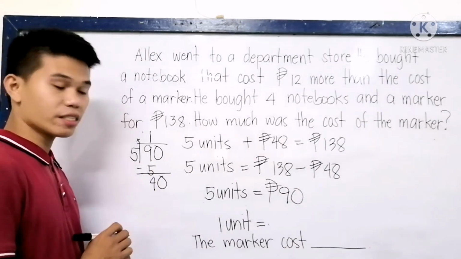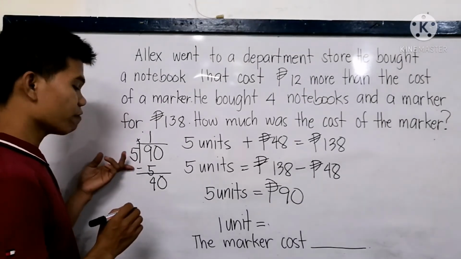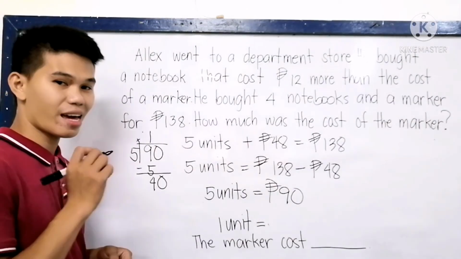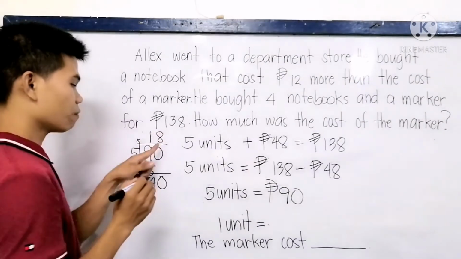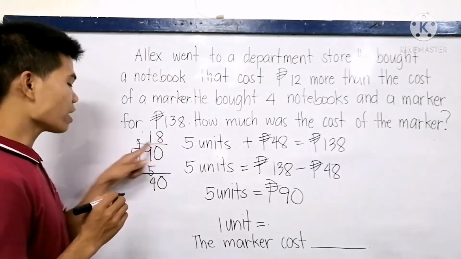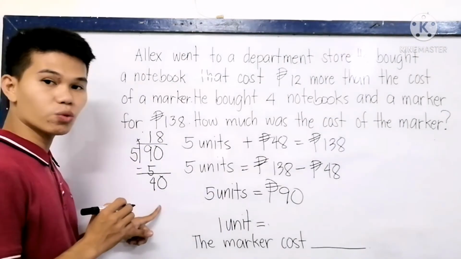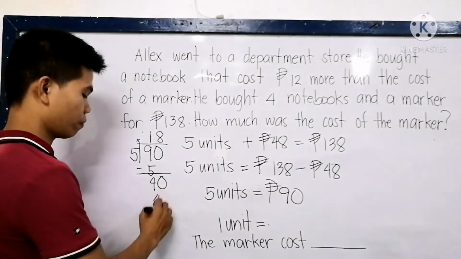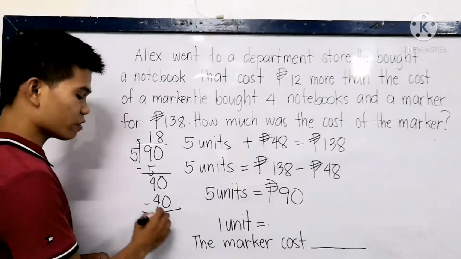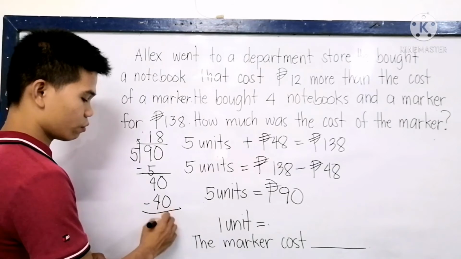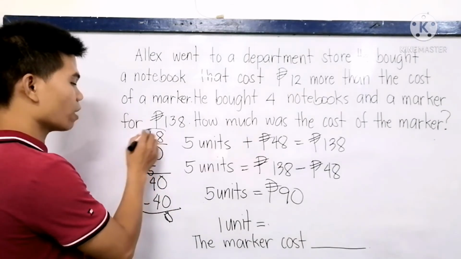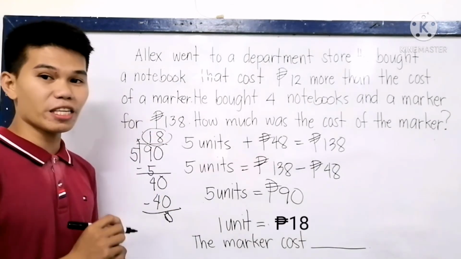Then proceed again with the division. 40 divided by 5 is equal to 8. Then proceed to multiplication again. 8 times 5 is equal to 40. Then 40 minus 40 is equal to 0. So therefore, the total amount of a marker is equal to 18 pesos.